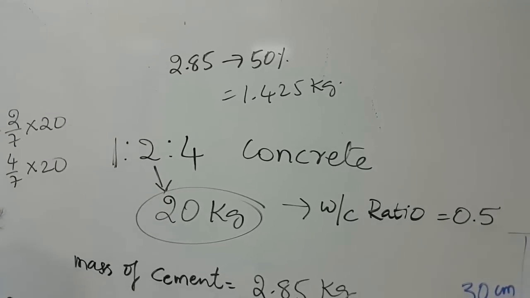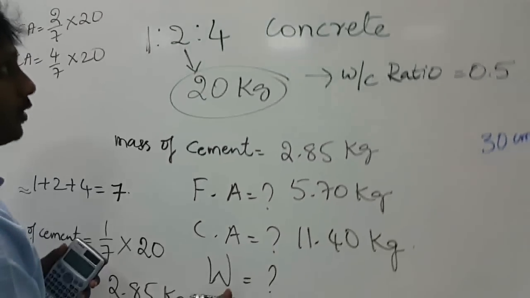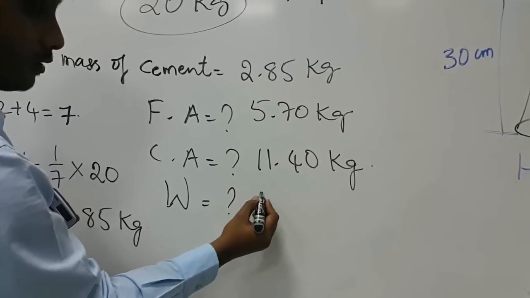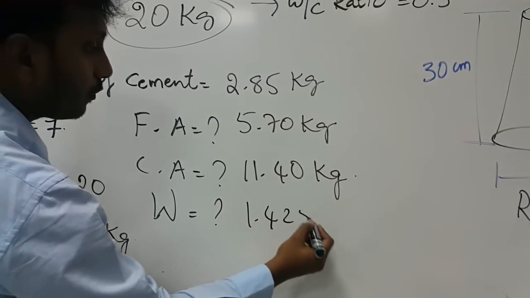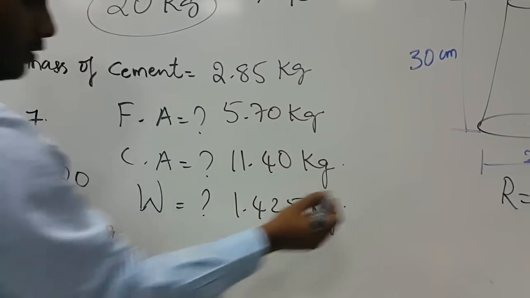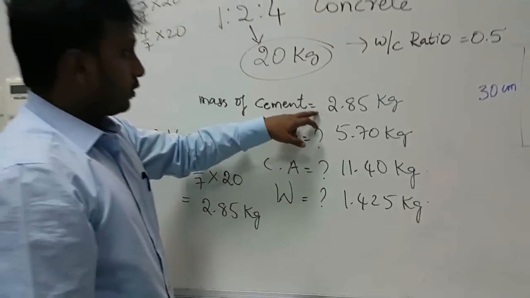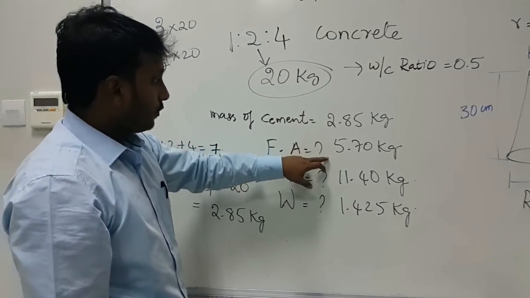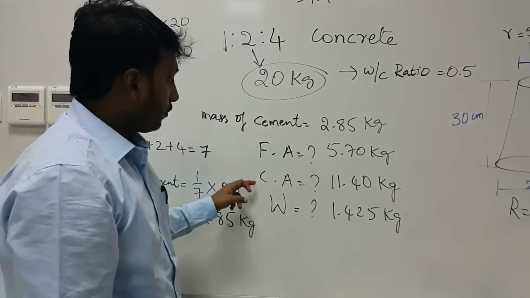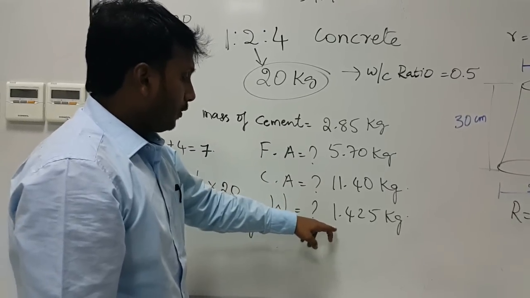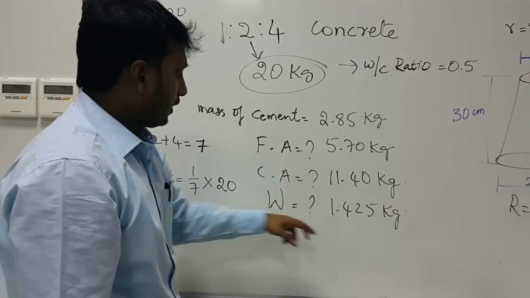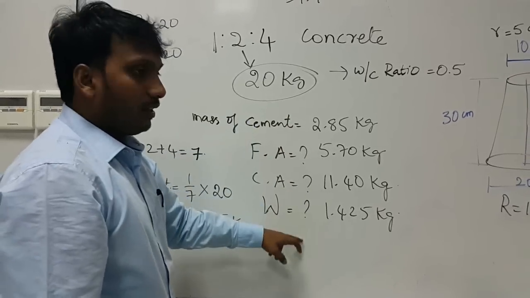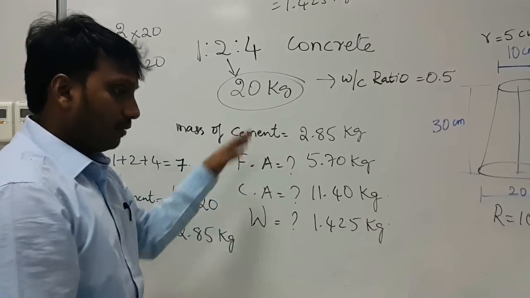So the weight of water is 1.425 kg. These are the weights: 2.85 kg of cement, 5.7 kg of fine aggregate, 11.4 kg of coarse aggregate and 1.425 kg of water. With these we will mix the concrete.